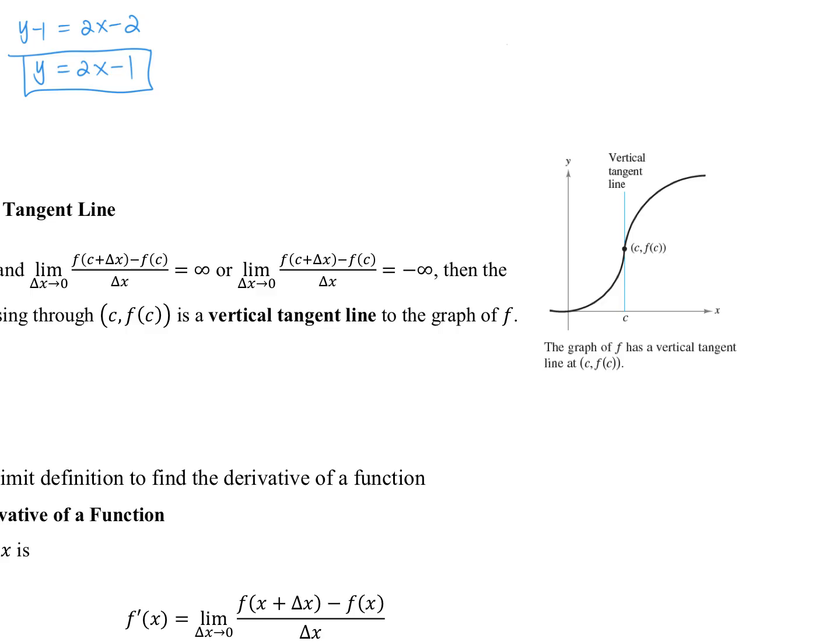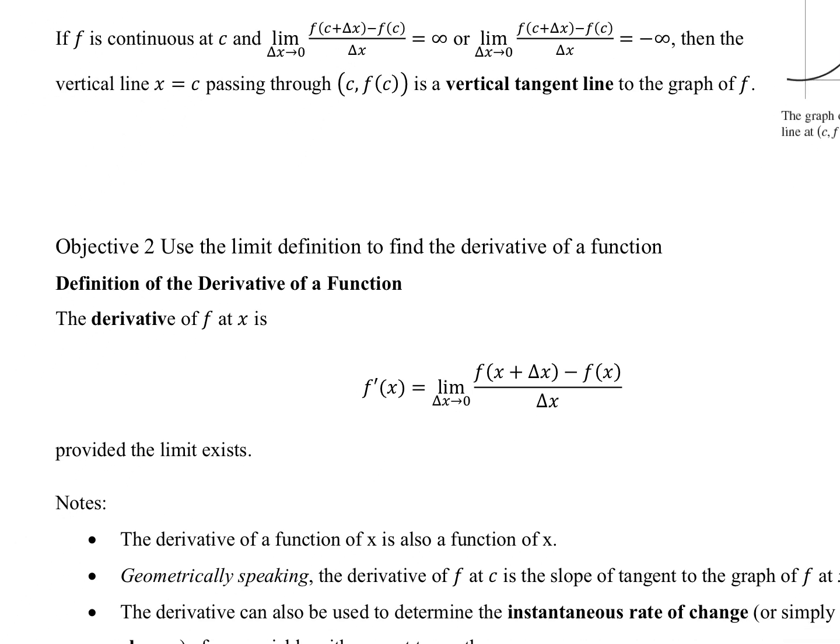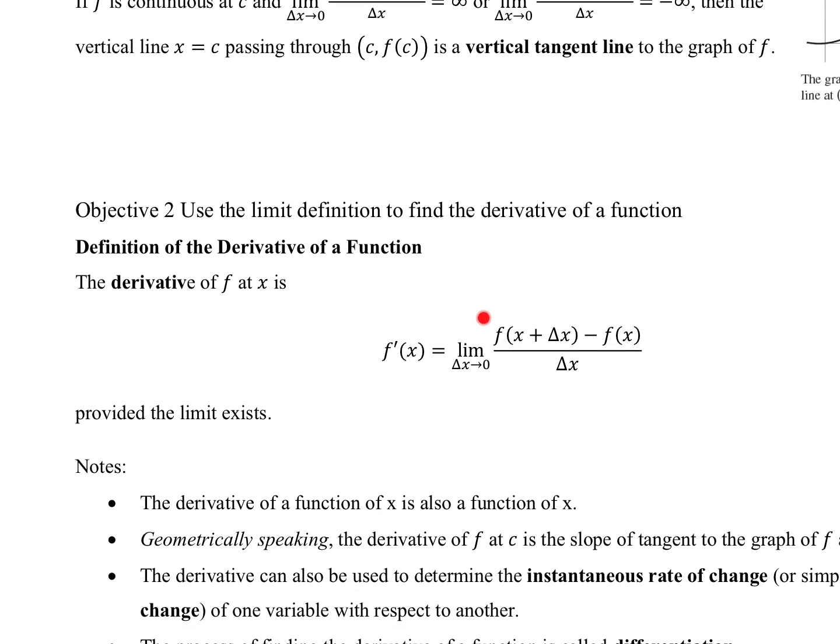So it will be more convenient for us to define these limits of the difference quotient as a function of f, and we call this the derivative of f. Basically, it is the slope of the tangent line of f at a certain point x. So if you recall earlier, we have this slope of the tangent at c defined like this, right?